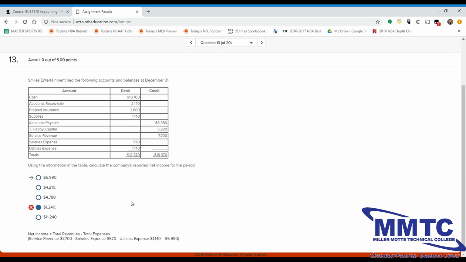So service revenue, they gave you the revenue, 7,700. Minus expenses, salaries, 57, utilities, 1,140. So 77 minus 57 minus 1,140. That's all that question is asking. Net income: revenues minus expenses.